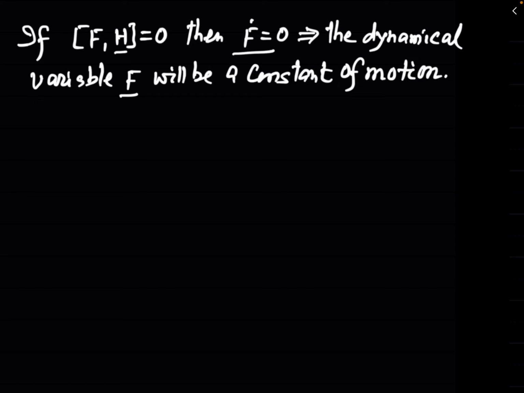Even then, f will be a constant of motion if this Poisson bracket vanishes. So let us consider in this condition that this f is recognized as the generalized coordinate qk and the generalized momentum pk.